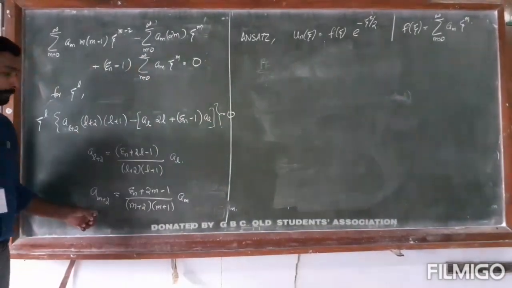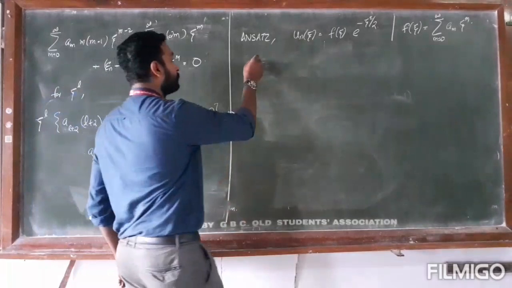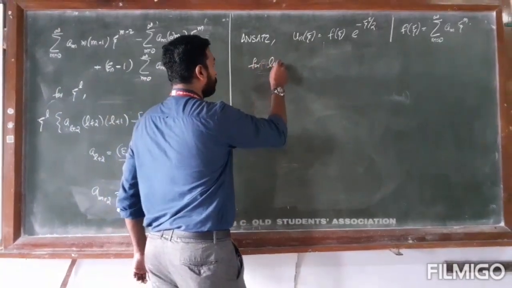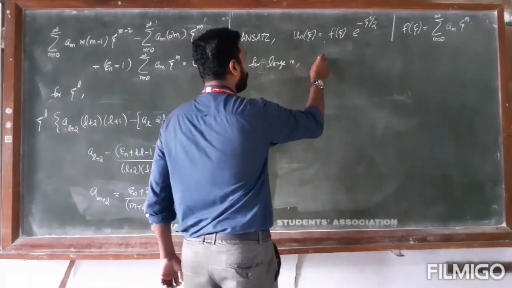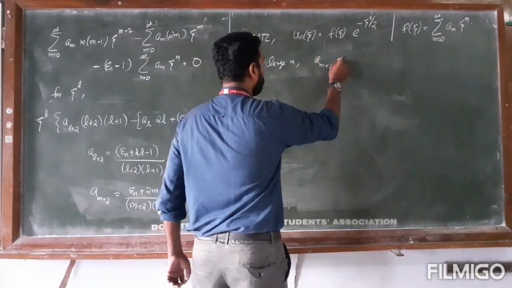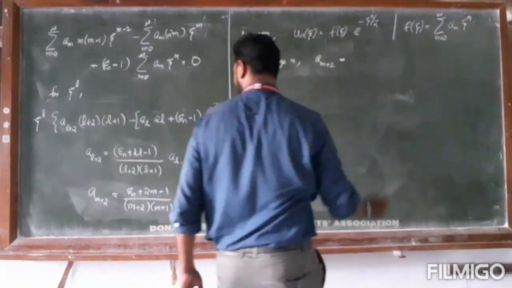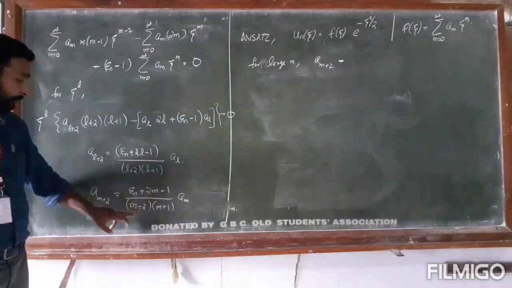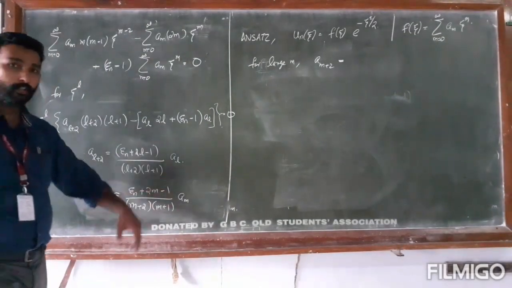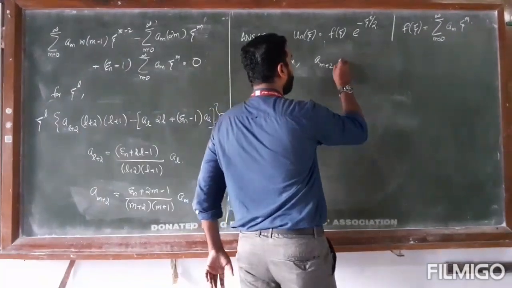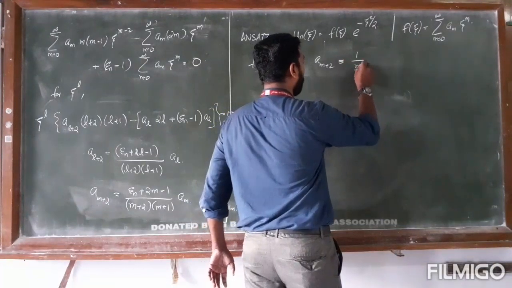Now here, if m is very large, then for large m, this a_(m+2) will take the form 2m by m square, so it will be approximately 1 by m by 2.